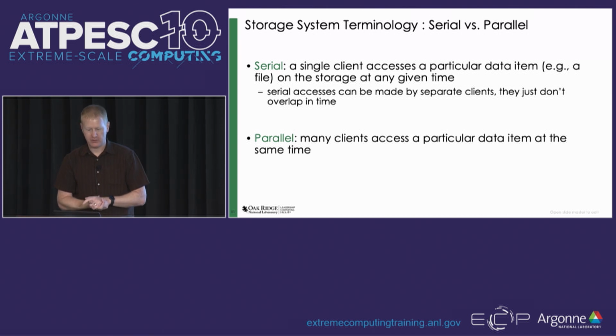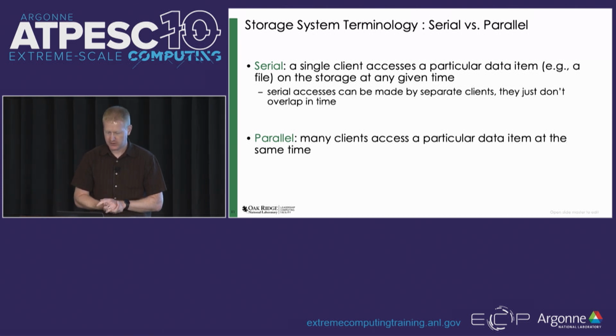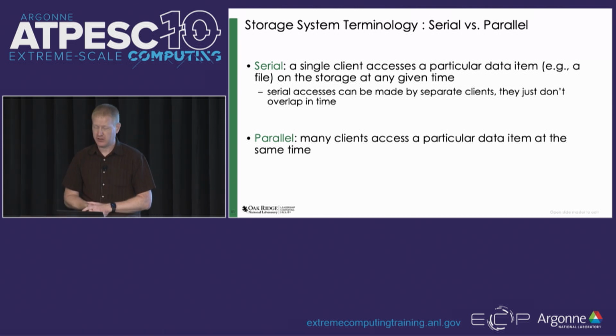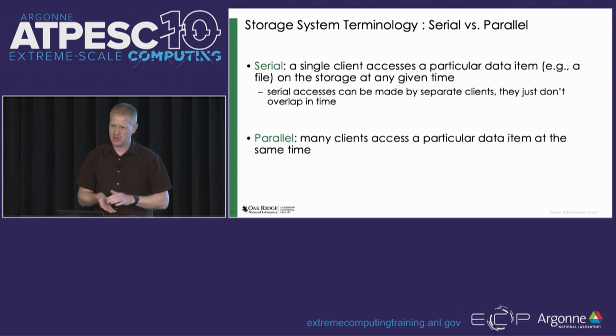So serial versus parallel. This gets back to concurrency. Serial is a single client accessing a piece of data on the storage at any given time. It does not necessarily mean it's the same process accessing a given data. You can have serial accesses by different processes, as long as they don't overlap in time, and those time scales can be fairly short actually.